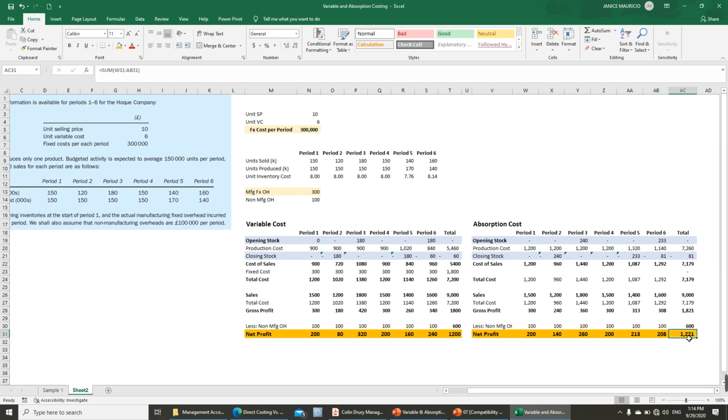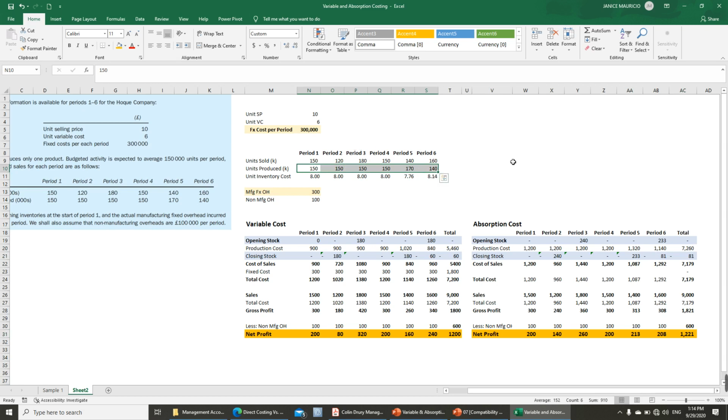the net profit of absorption costing is a bit higher than variable cost, and you will see that the total units sold for the period is 900 and the units produced is 910.